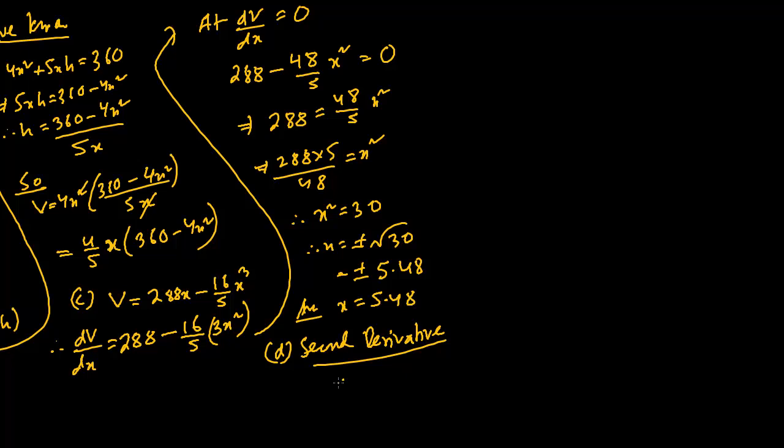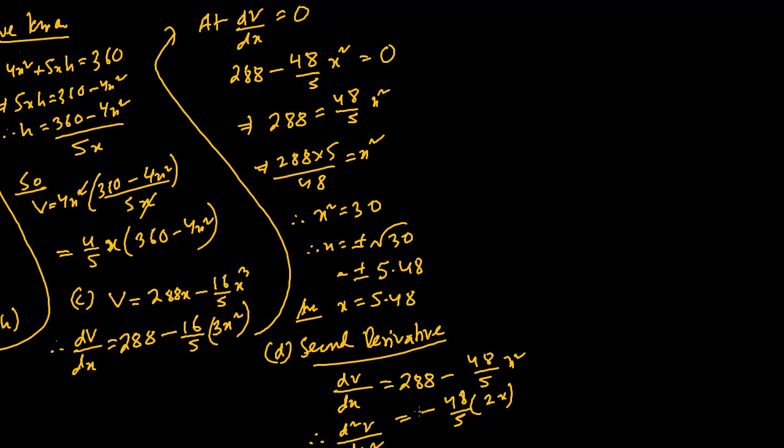So we know that dv by dx is equal to 288 minus 48 by 5 x squared. So the second derivative is going to be, therefore d2v by dx squared equals, if you differentiate 288, it becomes 0. So minus 48 by 5, and the derivative of x squared is twice x. Obviously this is going to be negative.